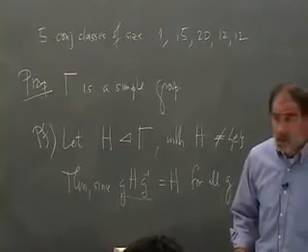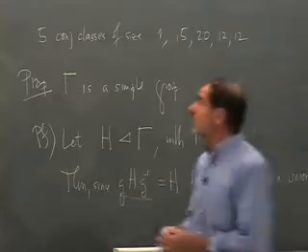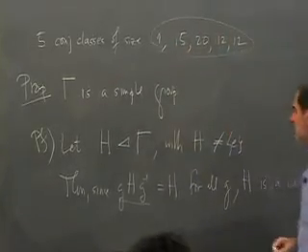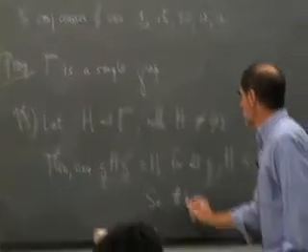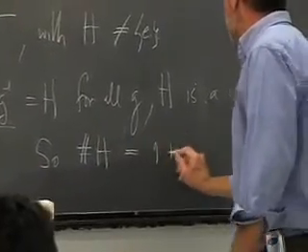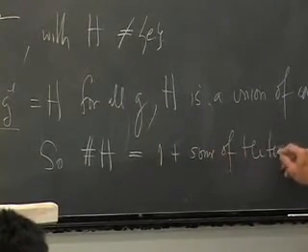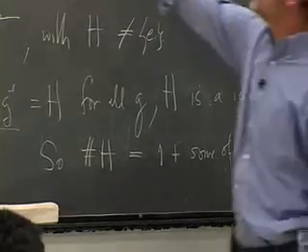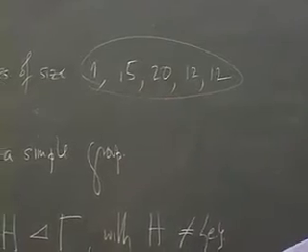Agreed? Okay, so then I have to figure out what could be the order of H. So I have to put together a subset of these numbers that adds up to the order of H. So the order of H is equal to 1 plus the sum of the terms above. Maybe it could be 1 plus 15, or 1 plus 20, or 1 plus 12 plus 15, something like that.